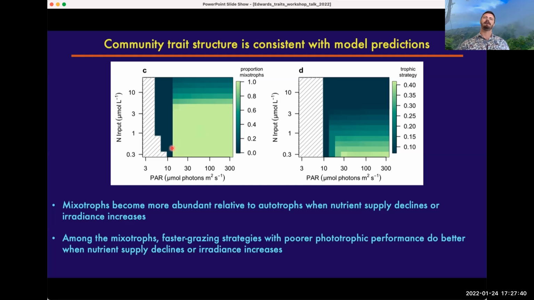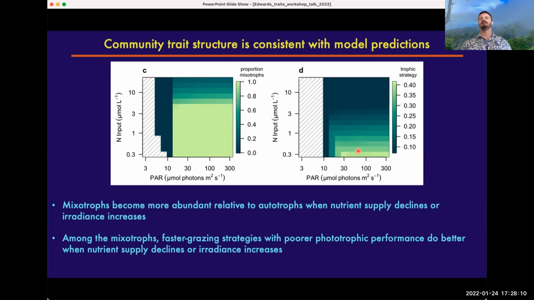And then with light, at least when there are strong trade-offs, under low light the mixotrophs eventually just get excluded. And within the phytoplankton, along this continuous trophic strategy, there's a gradient as well, where the lowest nutrient conditions select for the fastest grazing mixotrophs, relatively speaking. And also you get them under the highest irradiances.